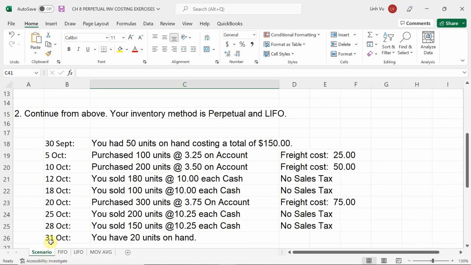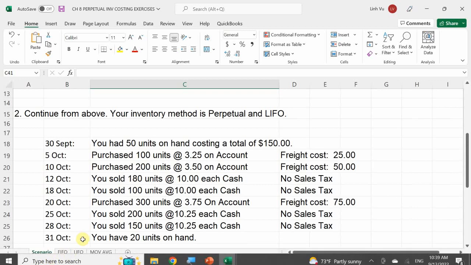Then on October 10, we make another purchase of 200 units at $3.50 with a freight of $50.